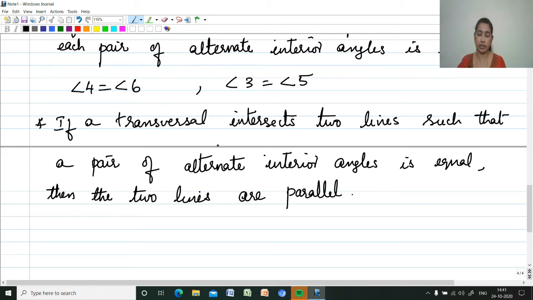So if the alternate interior angles are equal, then we can say that those two lines are parallel.